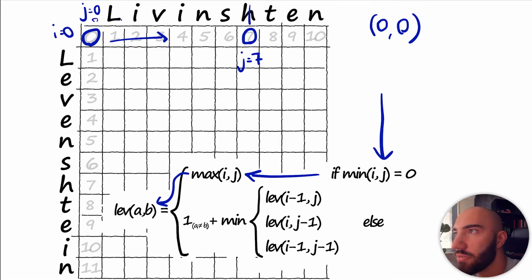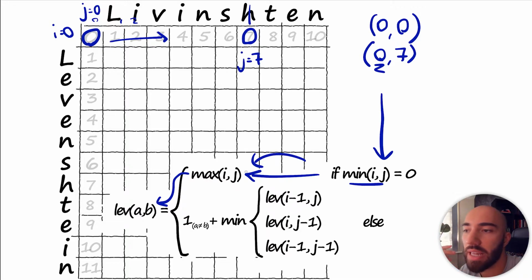So we've gone 0, 1, 2, and so on until we get 7. So we have 0 and 7. We pass that through down here. We'll get to if the minimum of either of those is equal to 0, which it is because i is equal to 0, we come over here and we say, what's the maximum value of either of those? It's 7. So we remove all of this, and that means that this value here is equal to 7.